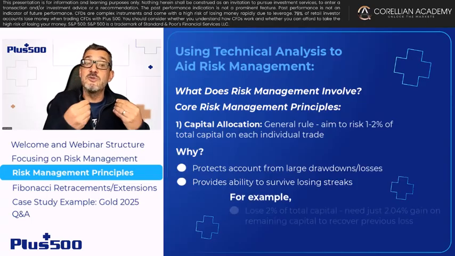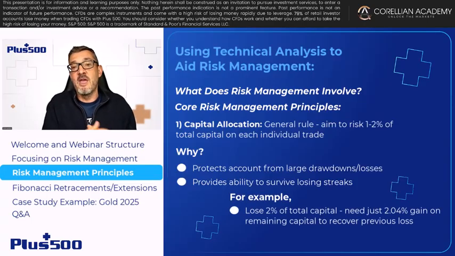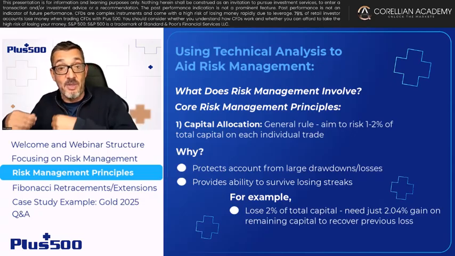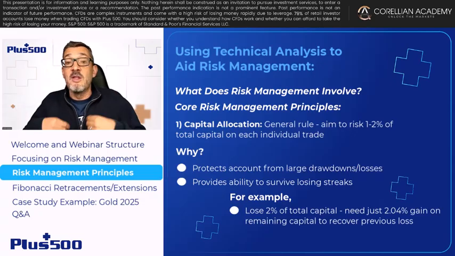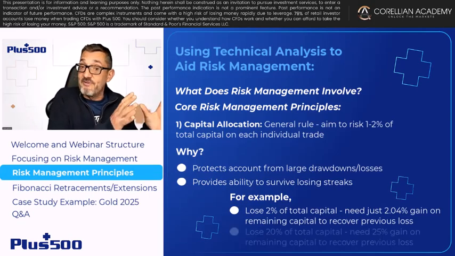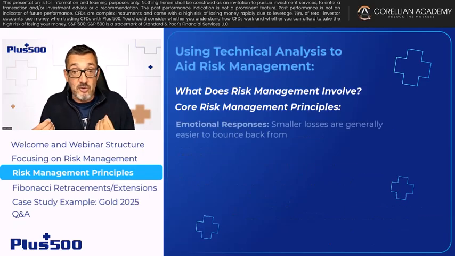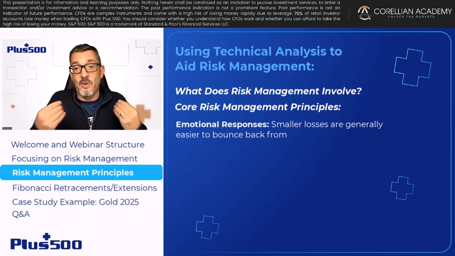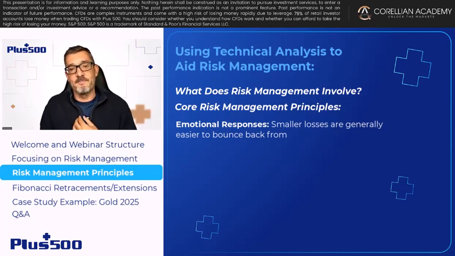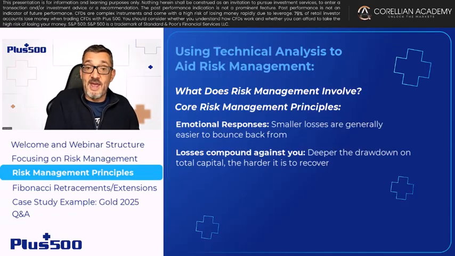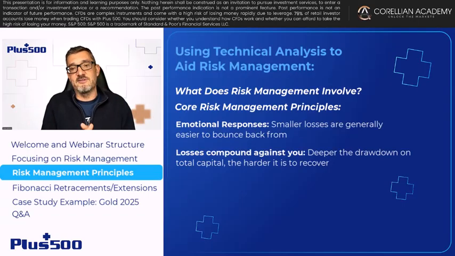For example, if you lose just 2% of your capital on a trade, you only need to make a 2.04% gain on the remaining capital to recover that previous loss. However, if you lose 20% of your capital on a trade, you need a 25% gain just to break even on your total capital. On an emotional level, smaller losses are also easier to bounce back from. Please keep in mind that losses compound against you. The deeper the drawdown or loss of capital, the harder it is to recover.